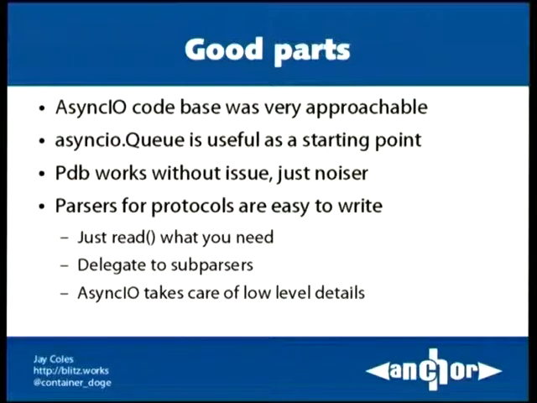Once you understand that between two yield points or yield from points, you're going to have exclusive access to the Python environment and not be taken off the CPU, it starts to make a lot of sense why there's no locks and things in there. I mean, to the point where I reused the asynchronous I/O queue object as a basis for a lot of my code when I needed to do fan in or fan out of events.